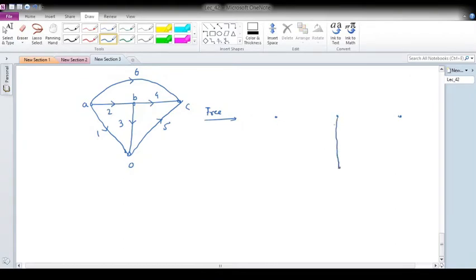Suppose I am taking this, visited this, and this way, not properly drawn. No, let me try properly. Okay, so this is node A, B, C, O. These are my twigs, and let me draw the links with another pen. So these are my links.